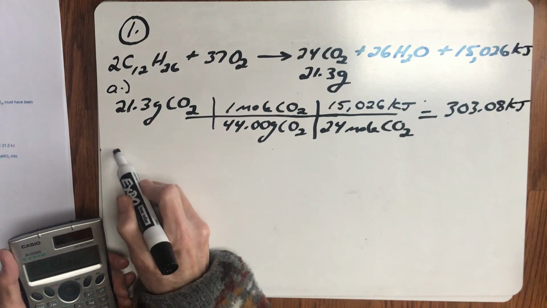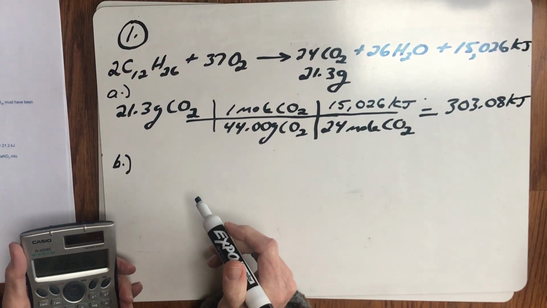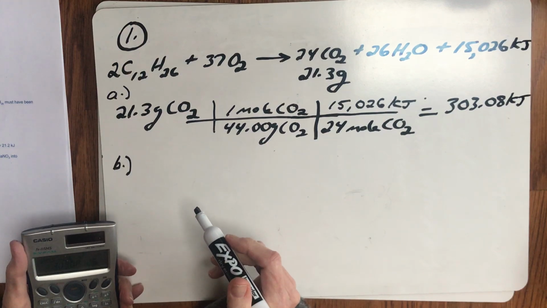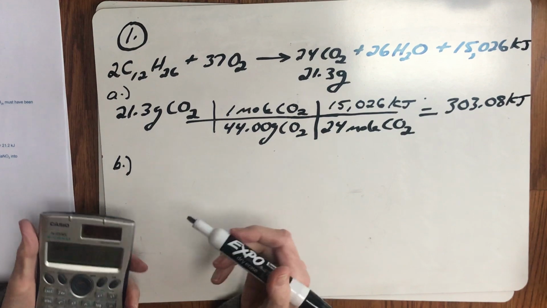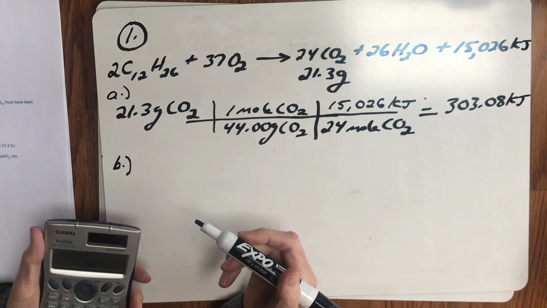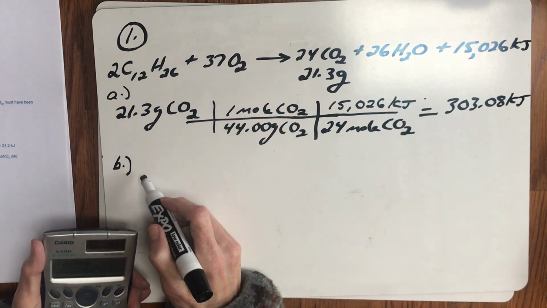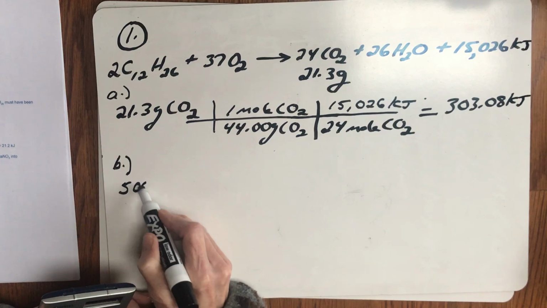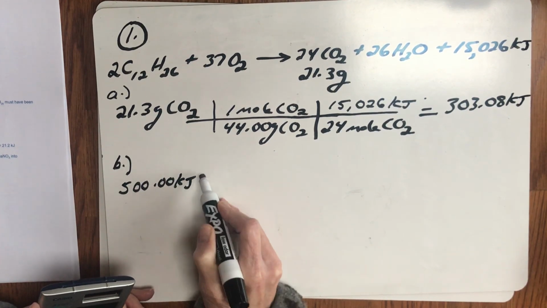Let's look at part B. Part B says, if 500 kilojoules of heat are released, how many grams of the kerosene, C12H26, must have been consumed, or another word for saying used up. Now again we start out with what we are given, which is our 500 kilojoules of energy.